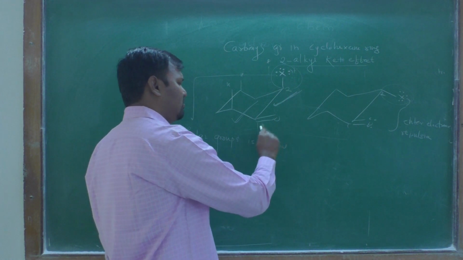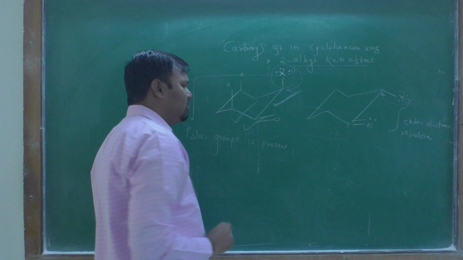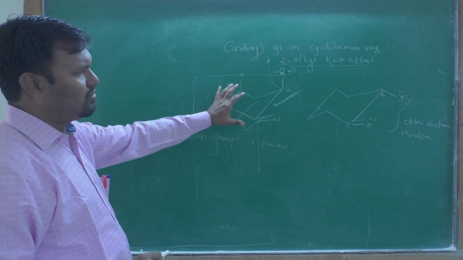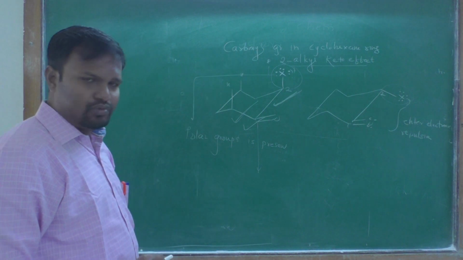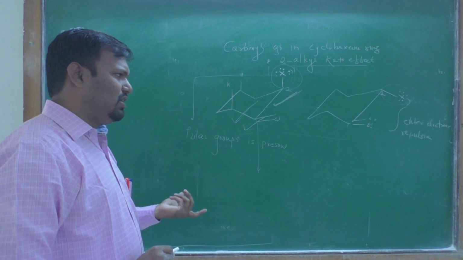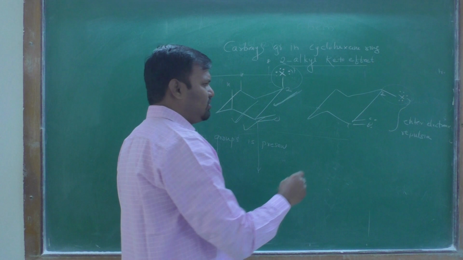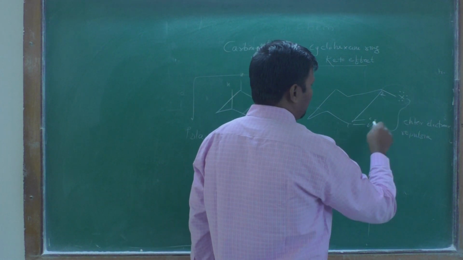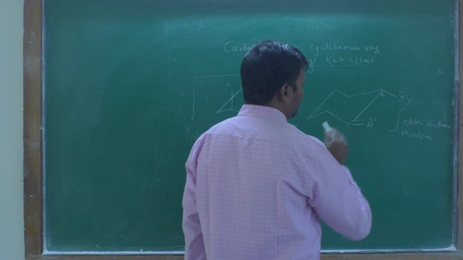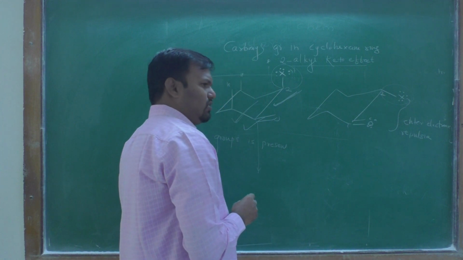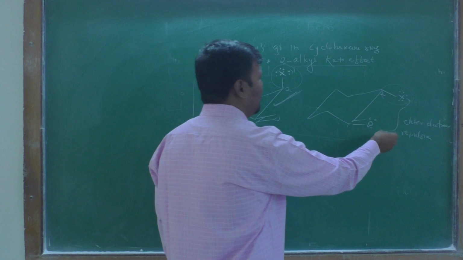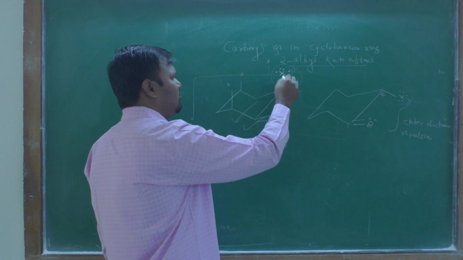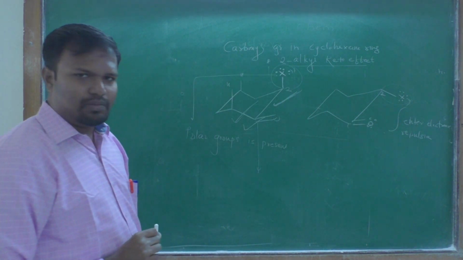it is found mostly in this conformation, where your halogen will be at the axial position. It means the inter-electronic repulsion of the halogen and the oxygen electrons is higher than when your halogen is at the equatorial position.